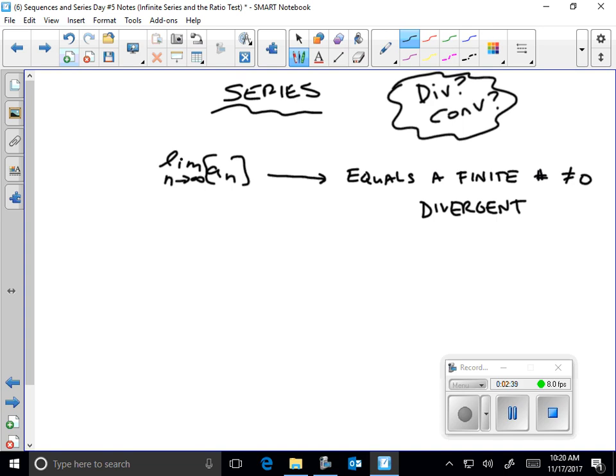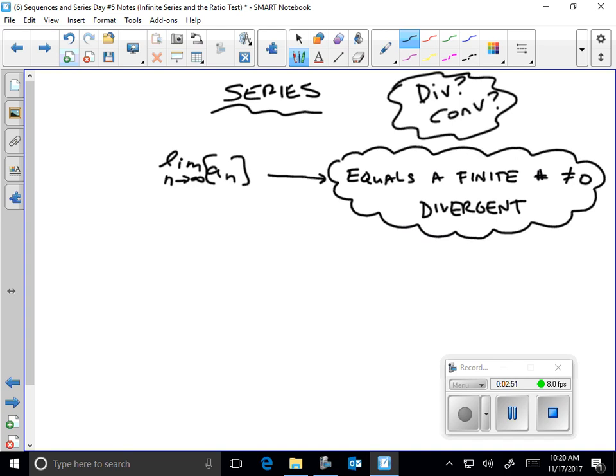I want my last term to approach 0. We talked about that. So if the limit as n goes to infinity is some number other than 0, then we say it's divergent and the process is done. How often does that happen? Not that often. Sometimes, but not that often.